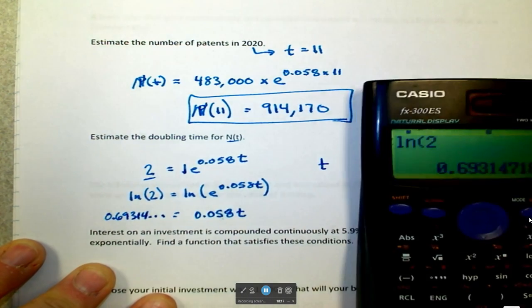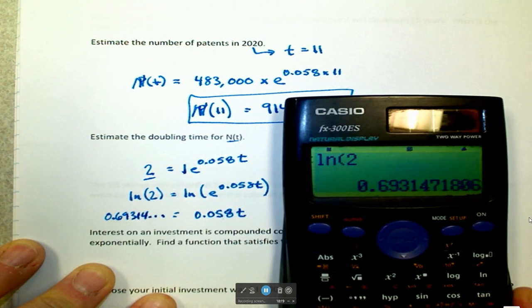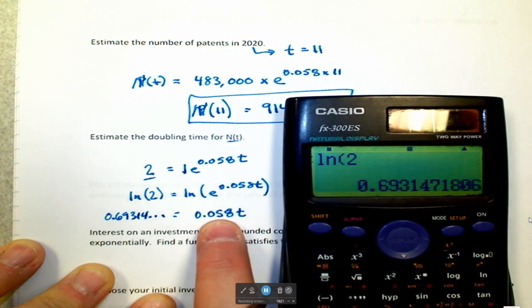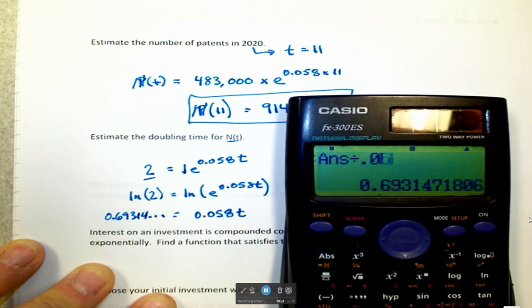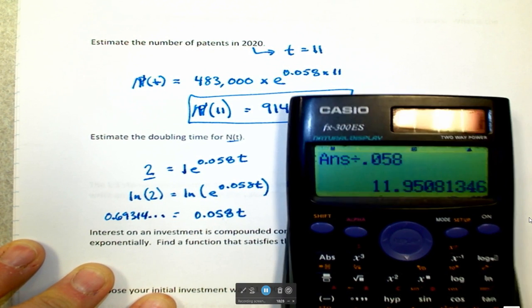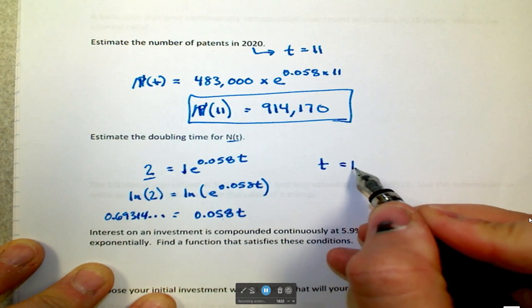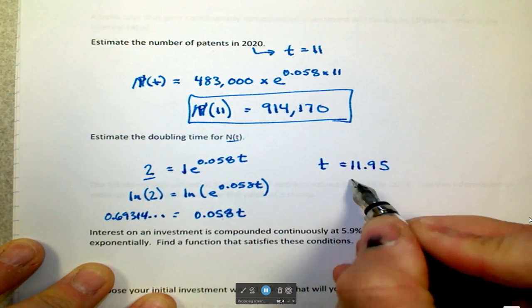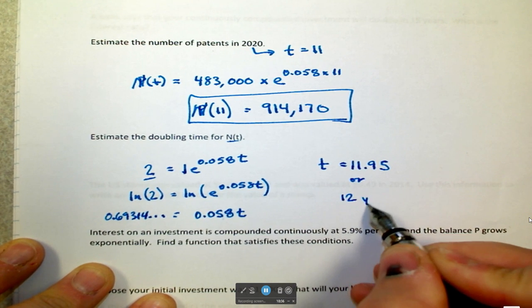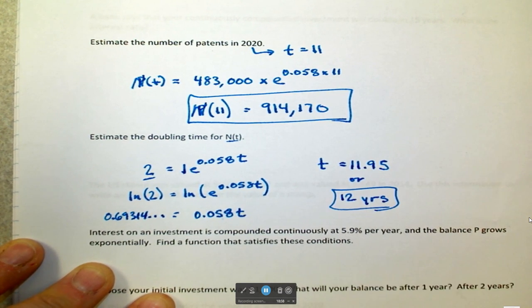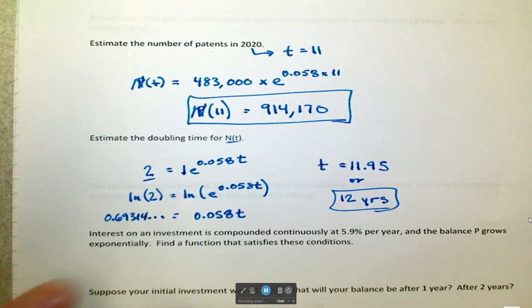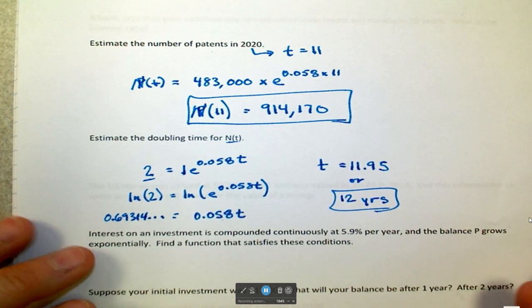Okay, so if I take that same number still sitting on my calculator and I divide it by 0.058, right, because that's 0.058 times t, so we're going to divide, we get 11.95. Okay, t equals 11.95, or we would say roughly 12 years. Okay, it's 12 years to double. Okay, so every 12 years we would expect these patent applications to double.